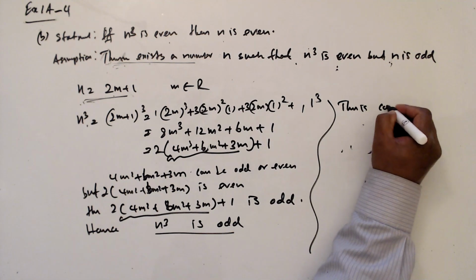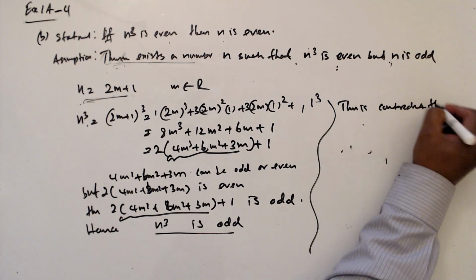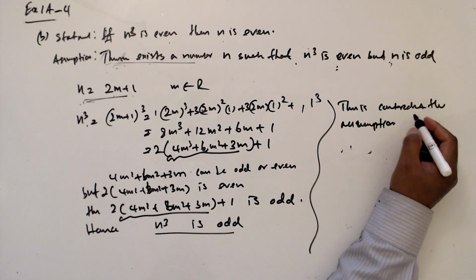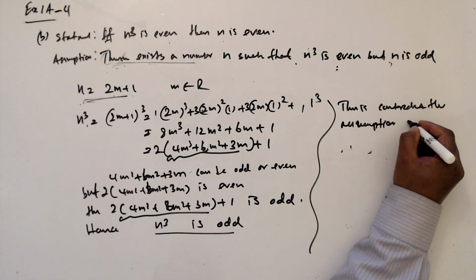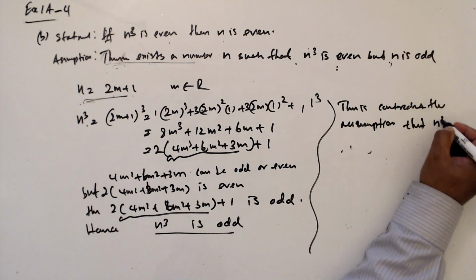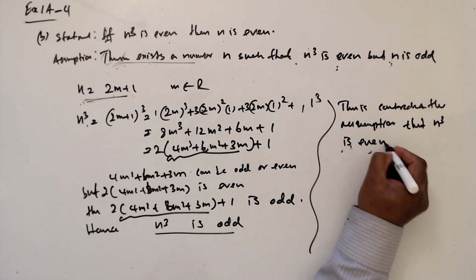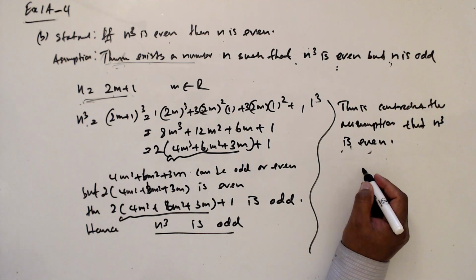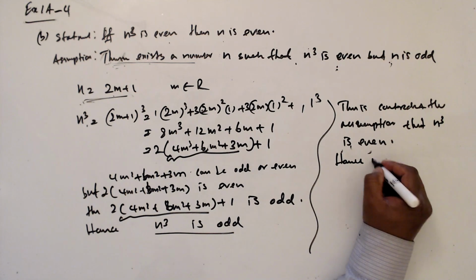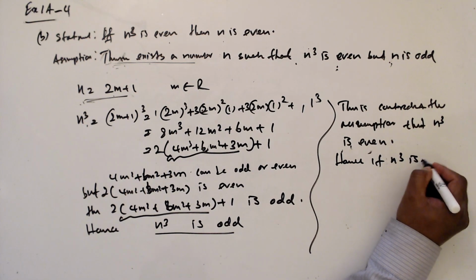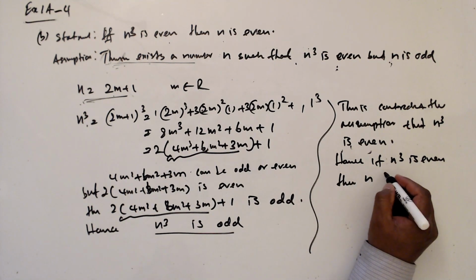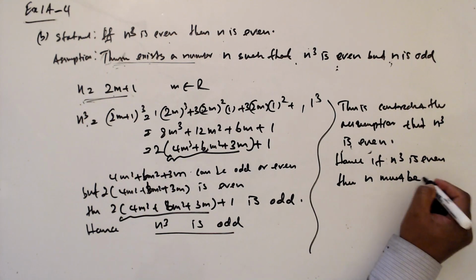So we have to write that this contradicts the assumption that n cube is even. Hence, if n cube is even, then n must be even.